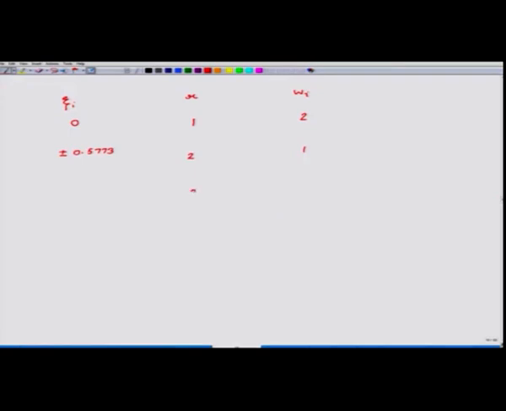Then you can have 3 Gauss quadrature points. Here the first Gauss quadrature point is 0, and the other Gauss quadrature points are plus minus 0.774596. Now how do these come?